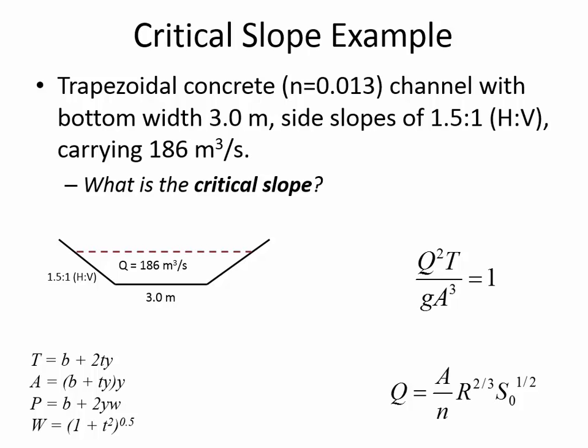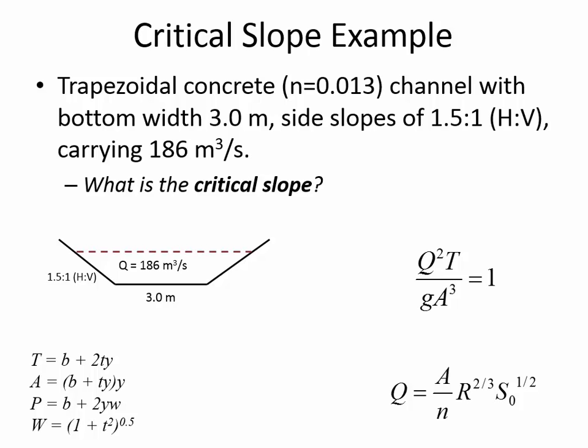And then, of course, the hydraulic radius is area divided by the wetted perimeter, and so that is 37.837 meters squared divided by 17.858 meters. So the hydraulic radius is 2.119 meters.